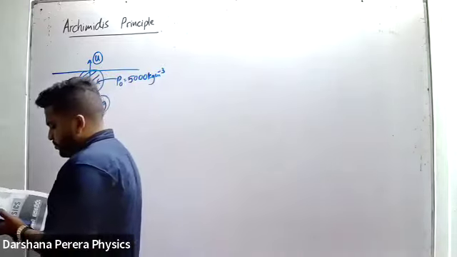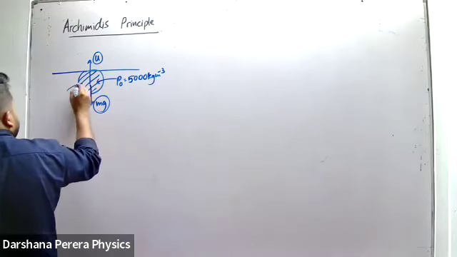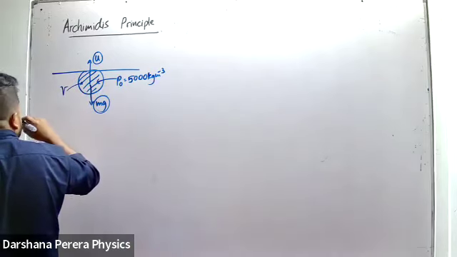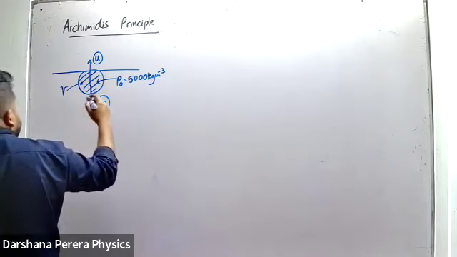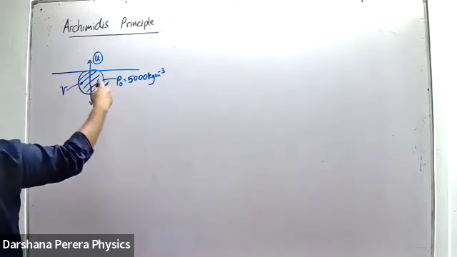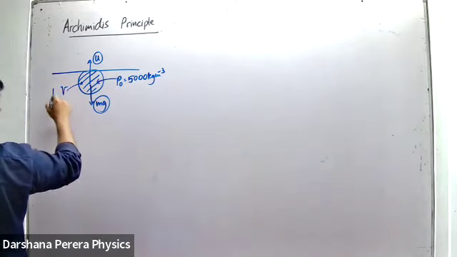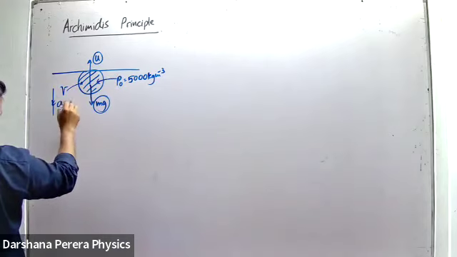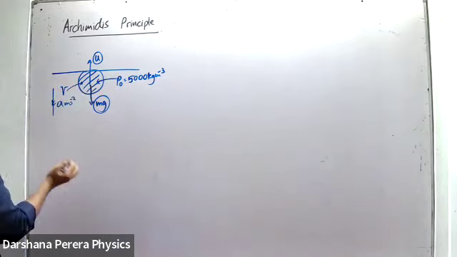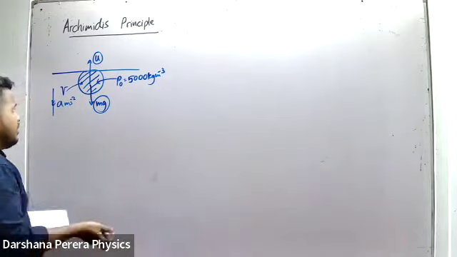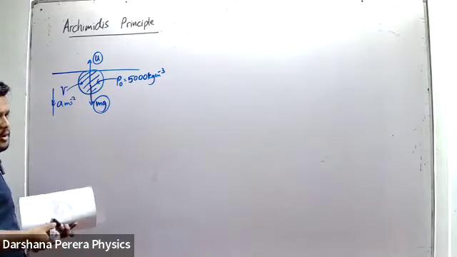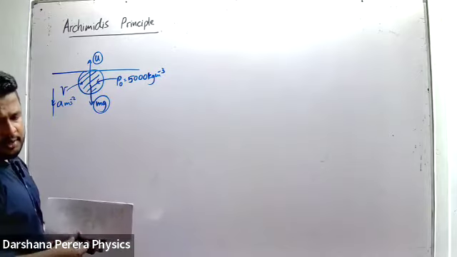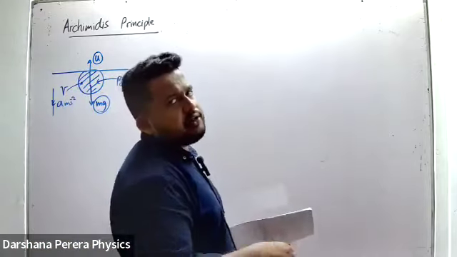Okay, do that one. Take the volume as V. It gets cancelled out, right? When we release the object, it accelerates. Why? The weight is higher than the upthrust, right? Again, when we release a stone, it accelerates downward.